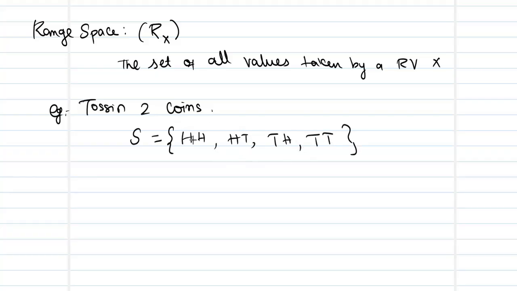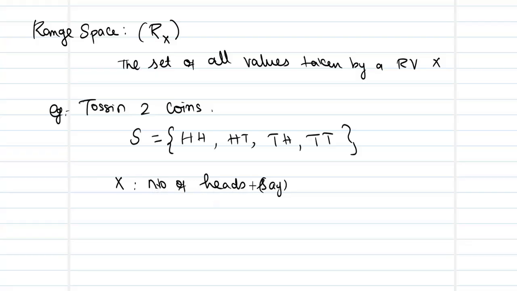Now for each of these outcomes or elements in your capital S, if I am able to associate a number, what can that be? Let X denote the number of heads, say. So what does X, the random variable, now stand for? The number of heads.